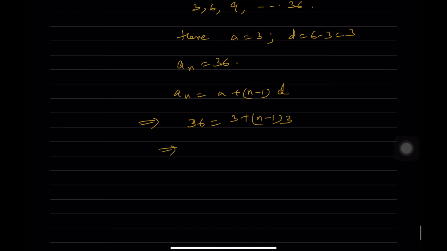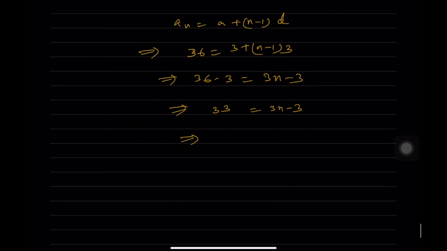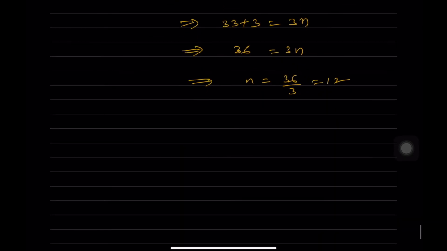So 36 minus 3 is equal to 3n minus 3, which implies that 33 is equal to 3n minus 3, which implies that 33 plus 3 is equal to 3n, so 36 is equal to 3n, which implies that n is equal to 36 by 3, which is equal to 12. So here we have n is equal to 12.